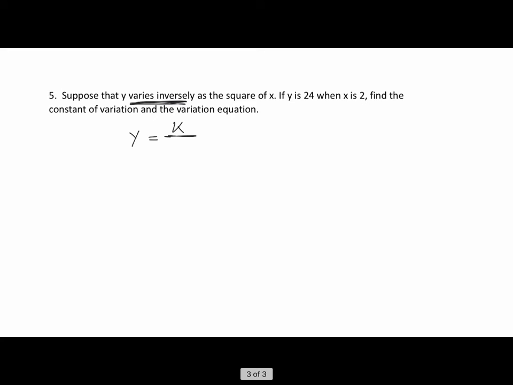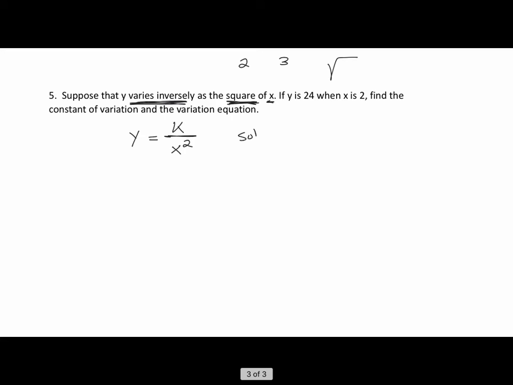And this is a little tricky because it's not just x, it's the square of x, so be careful. Square means raised to the second power. If you see cube, that means raised to the third power. Square root means that. So just be careful if there's other words there that tell you to do something with that. So the square of x is x squared.